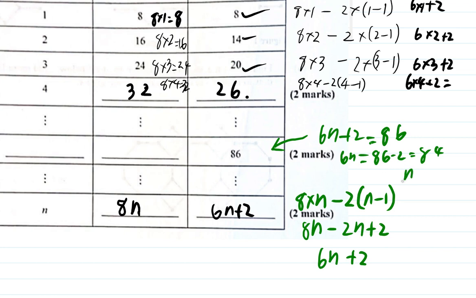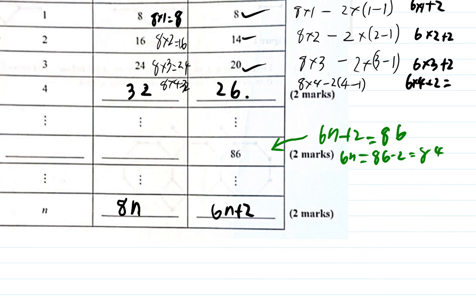Divide both sides by 6, not n. How does this go? 6 into 8 goes 1 time, remainder 2, 6 into 24, 4. It's 14. So what you would have here is n equals 14. See that?